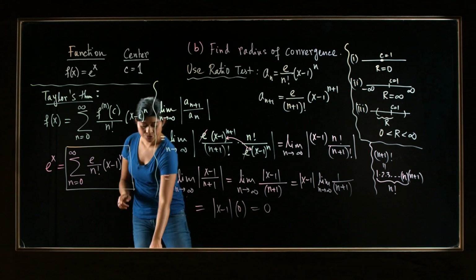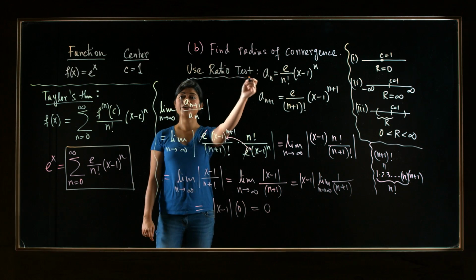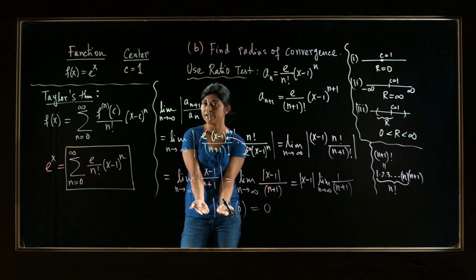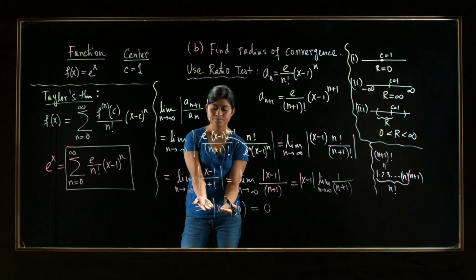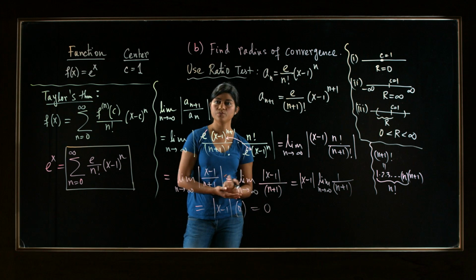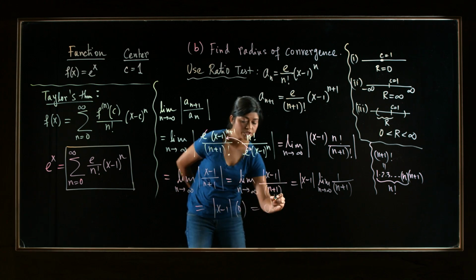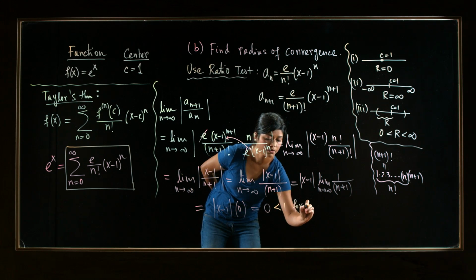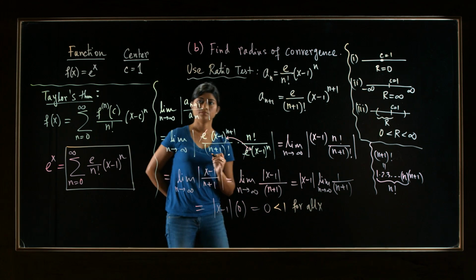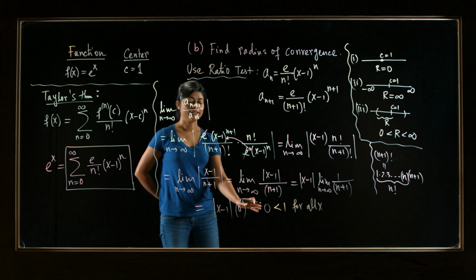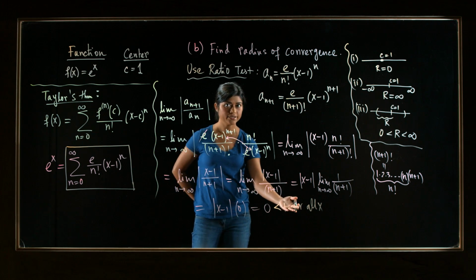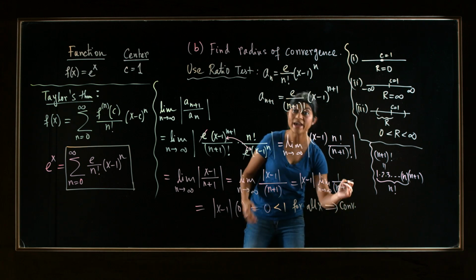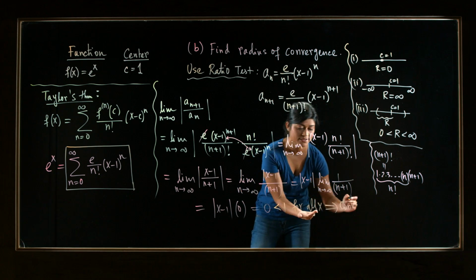Now don't forget what we are doing: we are applying the ratio test. And the limit turns out to be 0 for every value of x you plug in. It doesn't matter what x you plug in, this is a number times 0, so it's always going to be 0. This 0 is less than 1 for all x, and less than 1 means converges. So this series converges for which x? For all x.